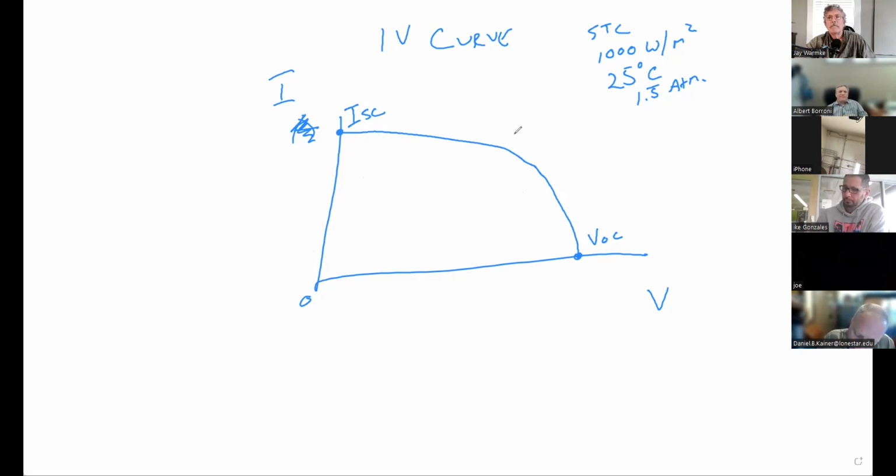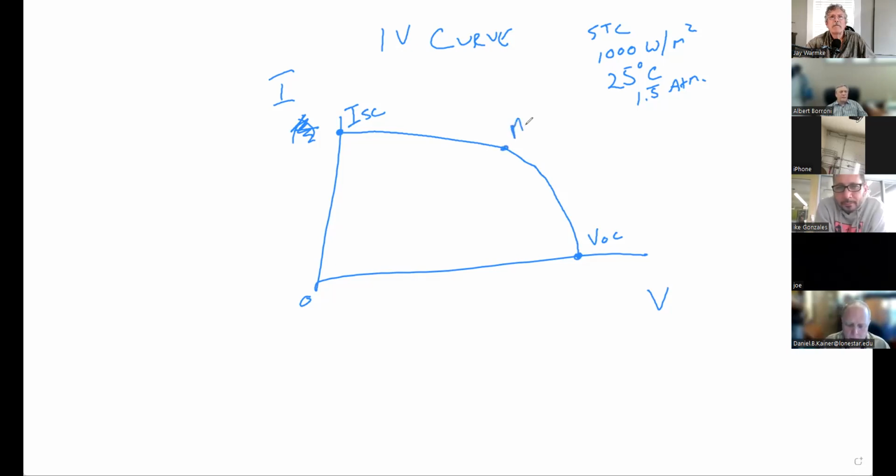All right. So then somewhere along this curve is the maximum power point. Okay, I'm going to mute somebody here. I'm getting a little bit of feedback there, or if they could mute it. All right, so somewhere along this curve is the maximum power production.